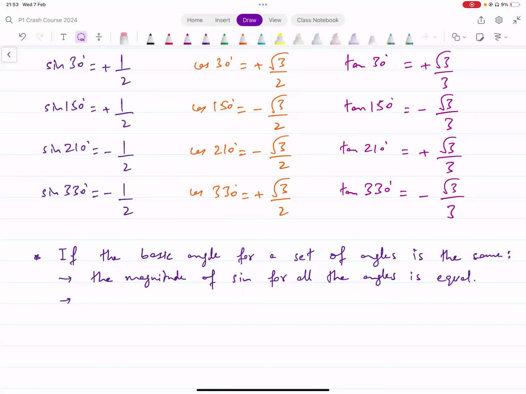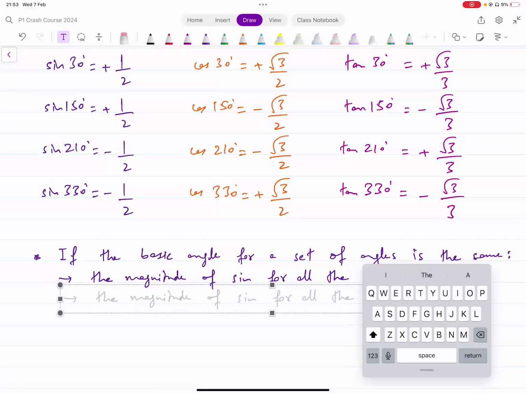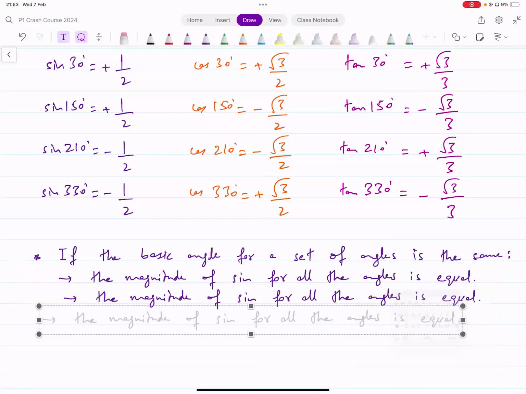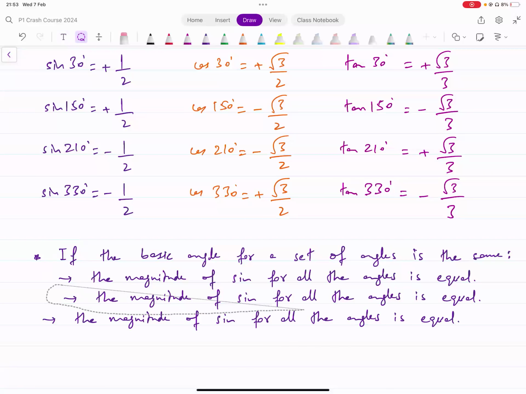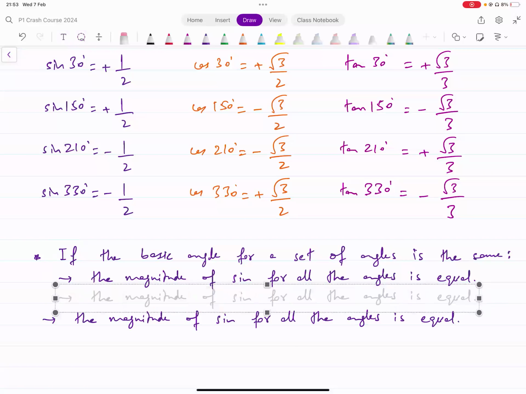And not just that, the magnitude of cos of all of those angles is also the same. The magnitude of tan of all these angles is also the same. So you can just add that here.